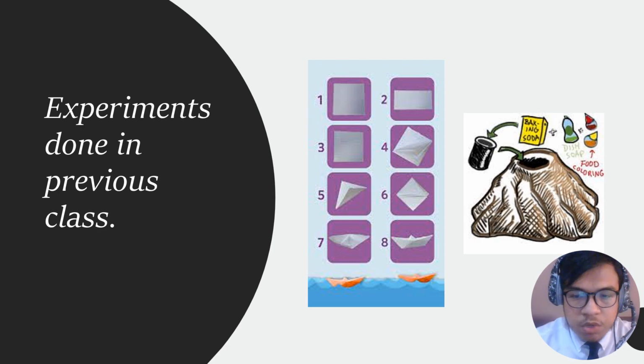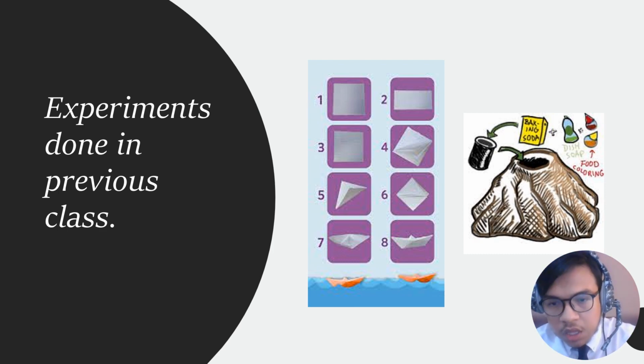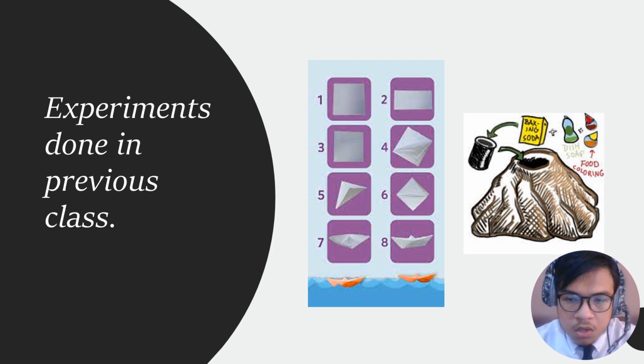Maybe you did the volcanic eruption, or maybe only saw it in a video in the first classes. And in the previous class, you followed the instructions for a paper boat, and after that you made your own paper boat.